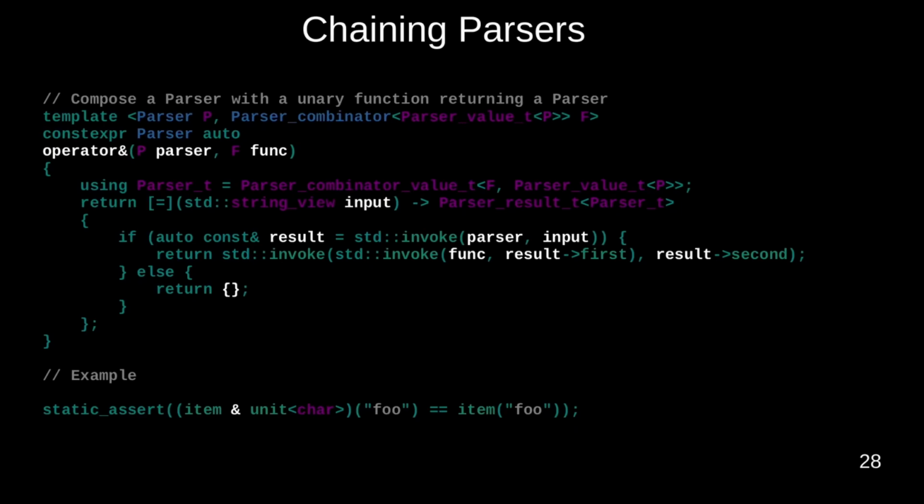So why are we doing that? Well, again, first we try the parser. Then, if it's successful, we invoke this function, this parser combinator, and we pass in the parsed thing. Since this is a parser combinator, it will return a parser. So this is the second parser, and then we immediately parse with that one on the rest of the string.